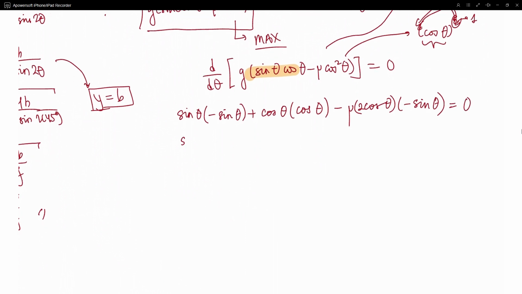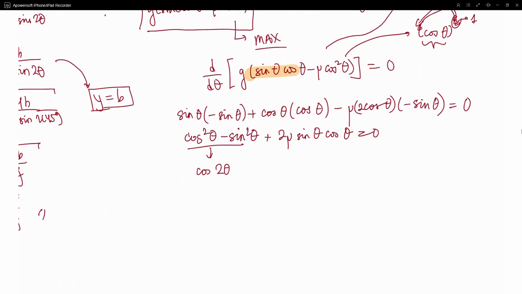Let's simplify. I actually have cosine squared theta minus sine squared theta, minus, so plus, 2 mu sine theta cosine theta equals 0. I see that I can simplify this into cosine 2 theta. It's just a formula: 2 sine theta cosine theta is sine 2 theta, times mu, equals 0.